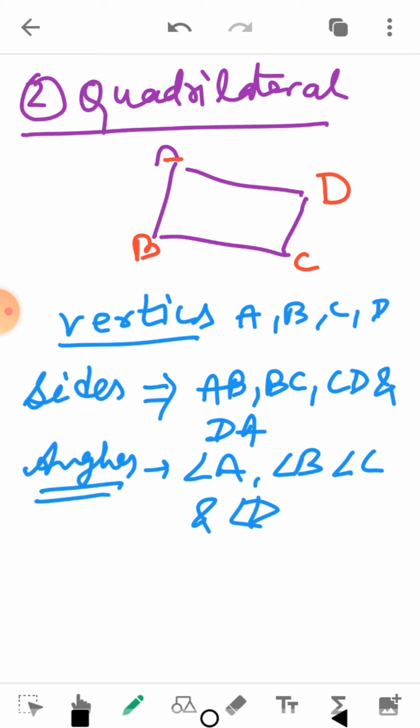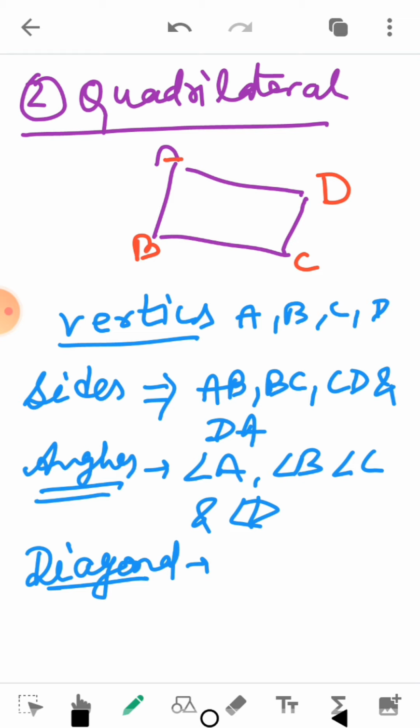Now a new thing is added in the quadrilateral, that is the diagonal. First of all, let us know what a diagonal is. A diagonal is formed by joining two opposite vertices.